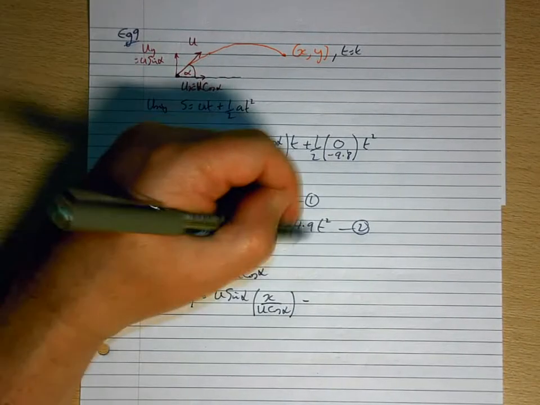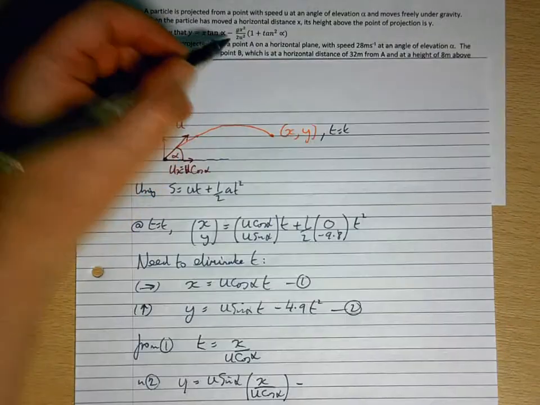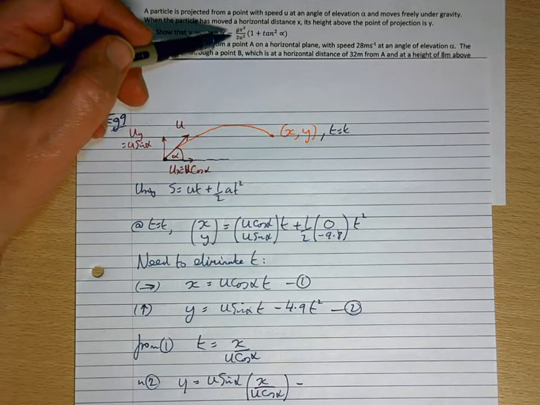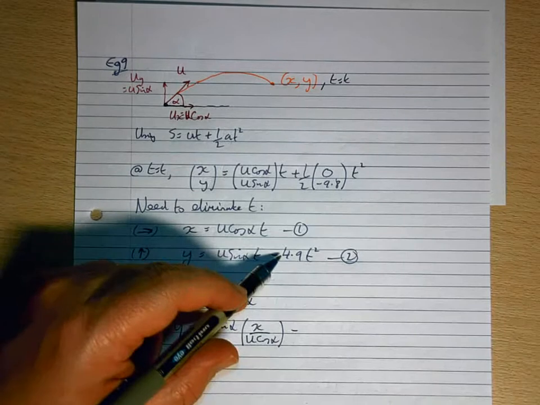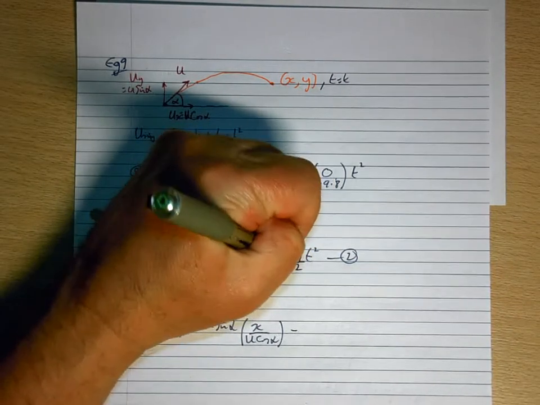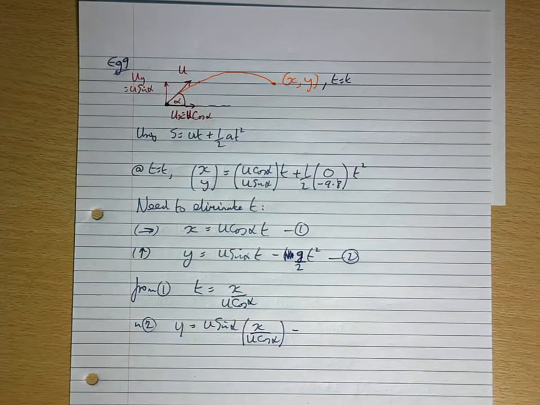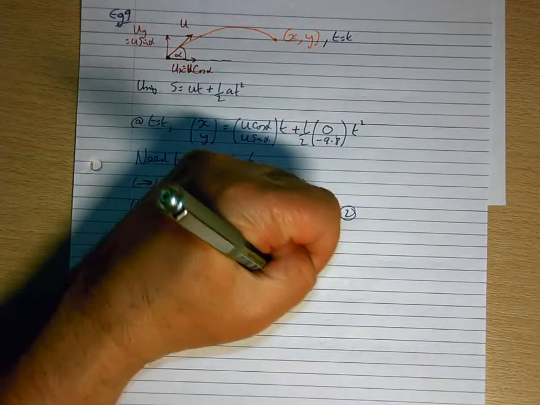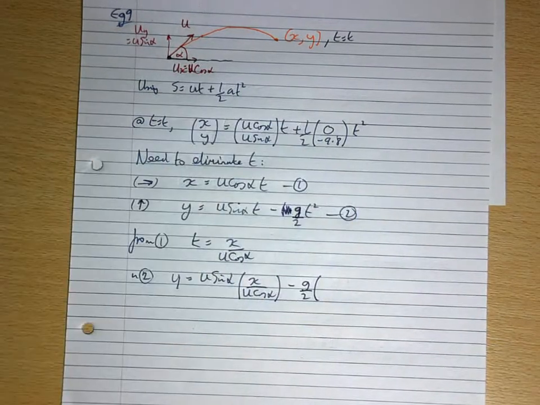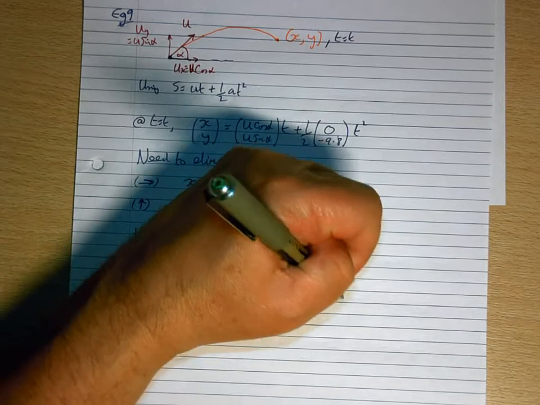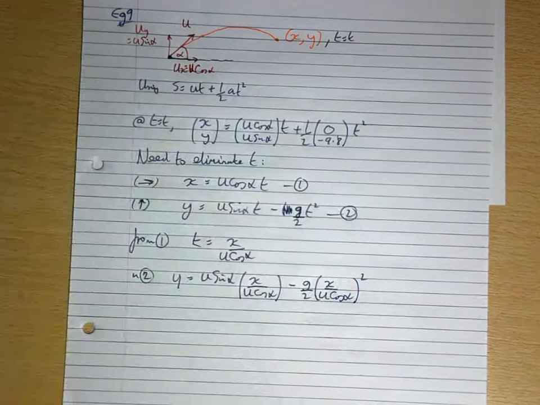Minus, now the 4.9, if I look back at that, they haven't put in the 9.8, they've kept it in terms of g. So really I shouldn't have written that as 4.9, I should have left that as g over 2. So minus g over 2 times x over u cos alpha, all squared.